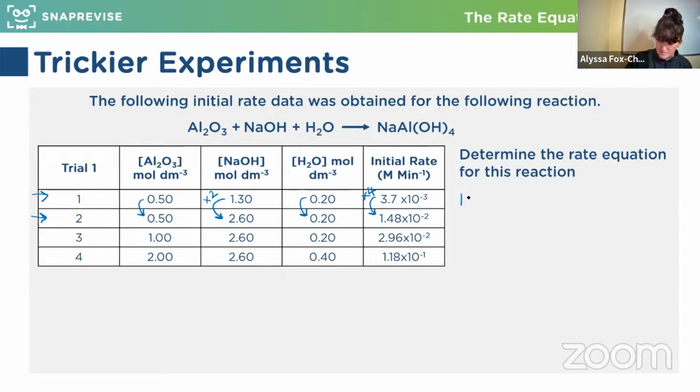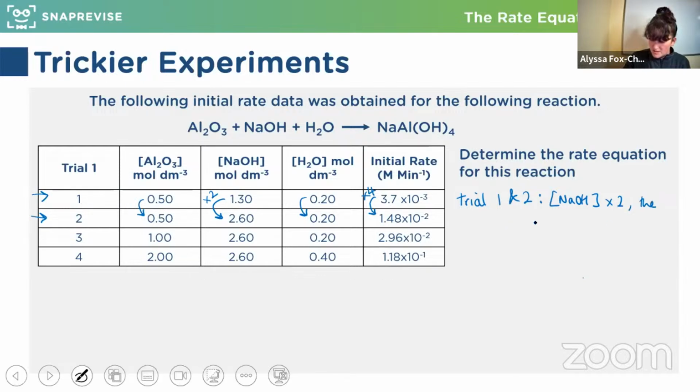Let's write that out. Trial 1 and trial 2, the concentration of sodium hydroxide, square bracket NaOH, has doubled.